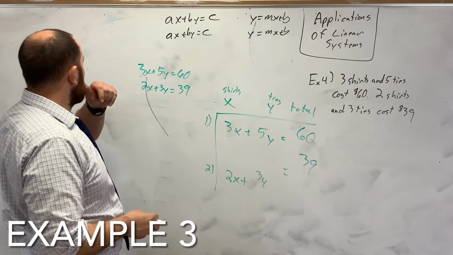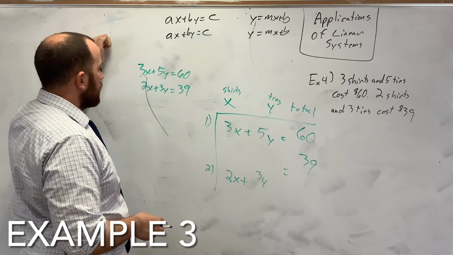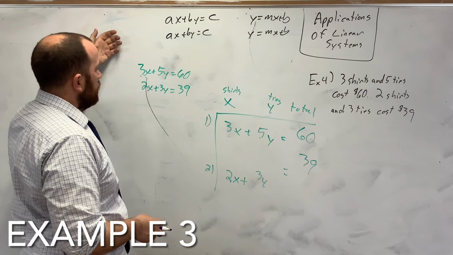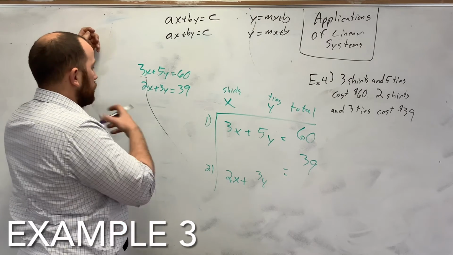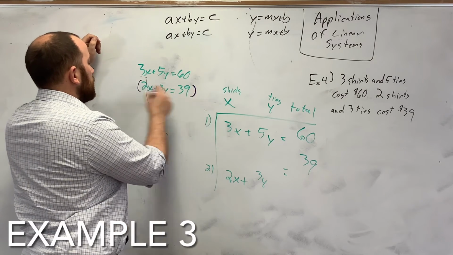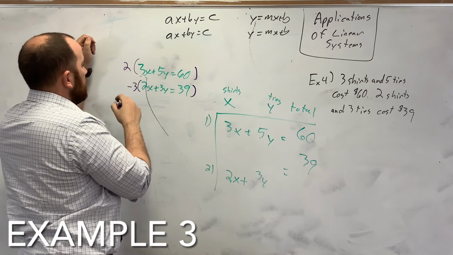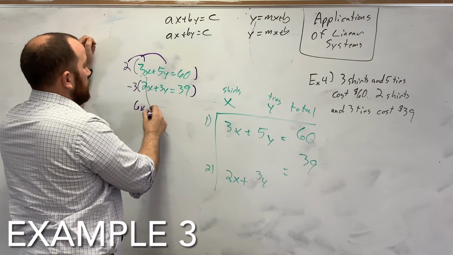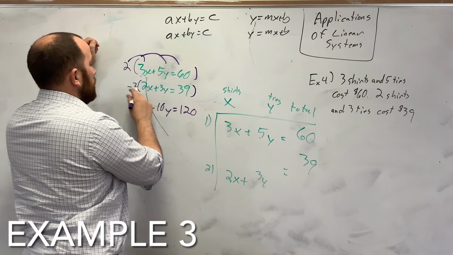This isn't the most fun problem in the world. I'll give you a fraction. I don't want to deal with fractions. I'm going to do elimination. I'm going to multiply the bottom by -3 and the top by 2. So that will give me 6x plus 10y equals 120.